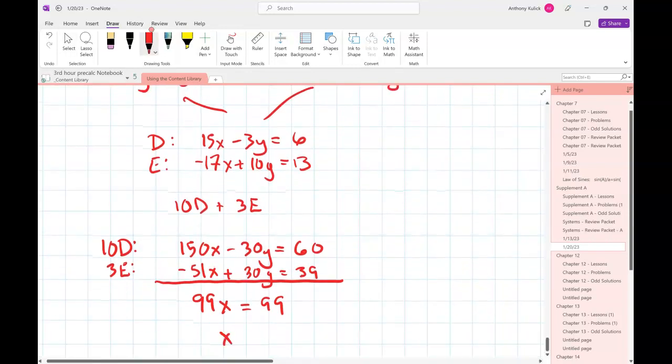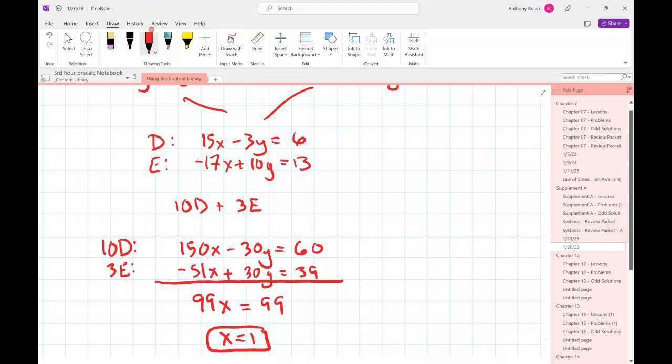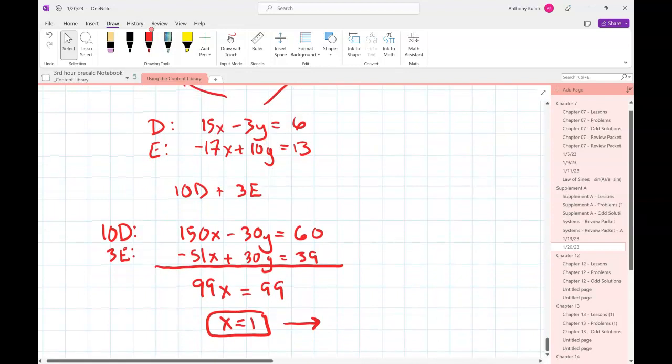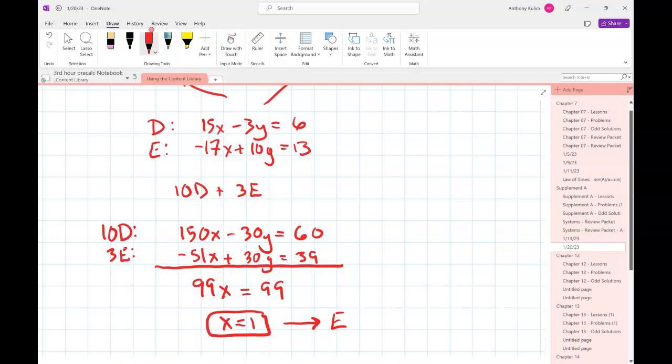So divide both sides by 99, we get x equals 1. What do I do from there? Yeah, I'm going to plug it back into D or E. It doesn't really matter for the sake of argument. I'm going to plug it back into E because the division with the 10 there looks pretty easy to me.